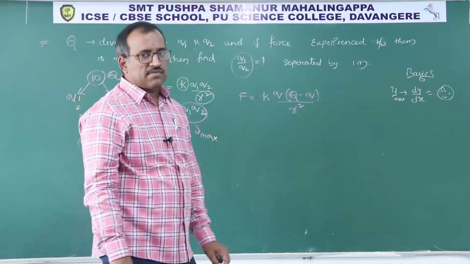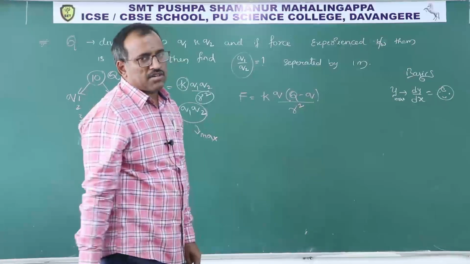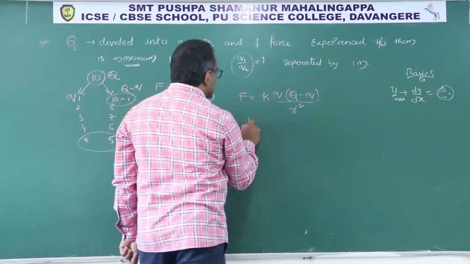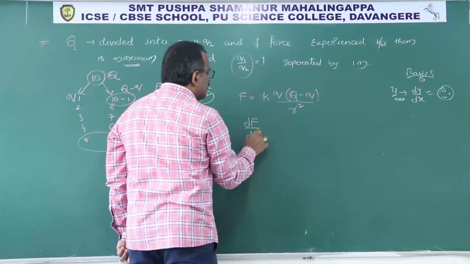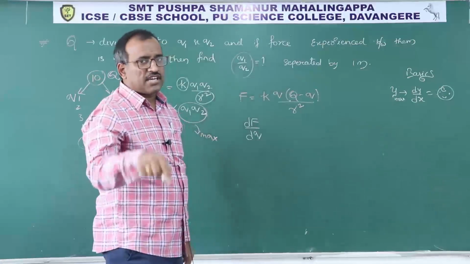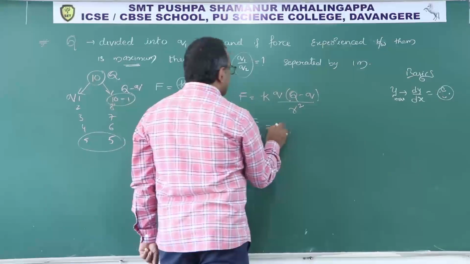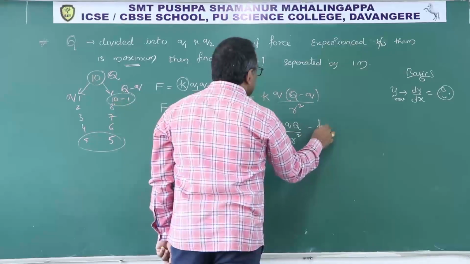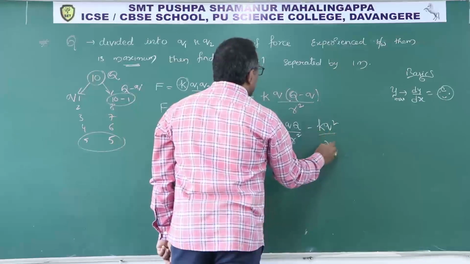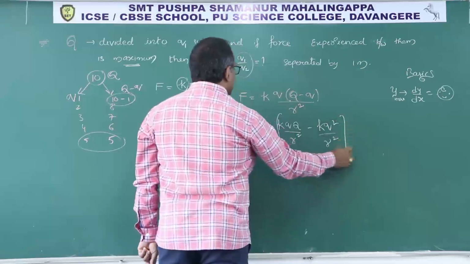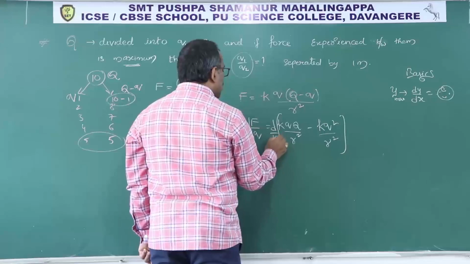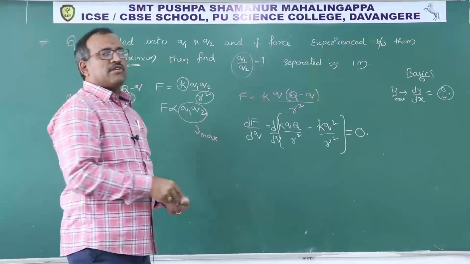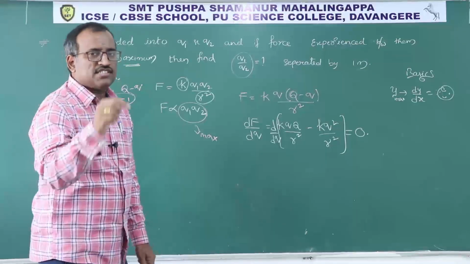If anything is maxima, if you differentiate it with respect to the variable, the answer should be 0. So I can say dF by dq, because small q is the variable here, should be d by dq of kqQ by r square minus kq square by r square, and this should be equal to 0.